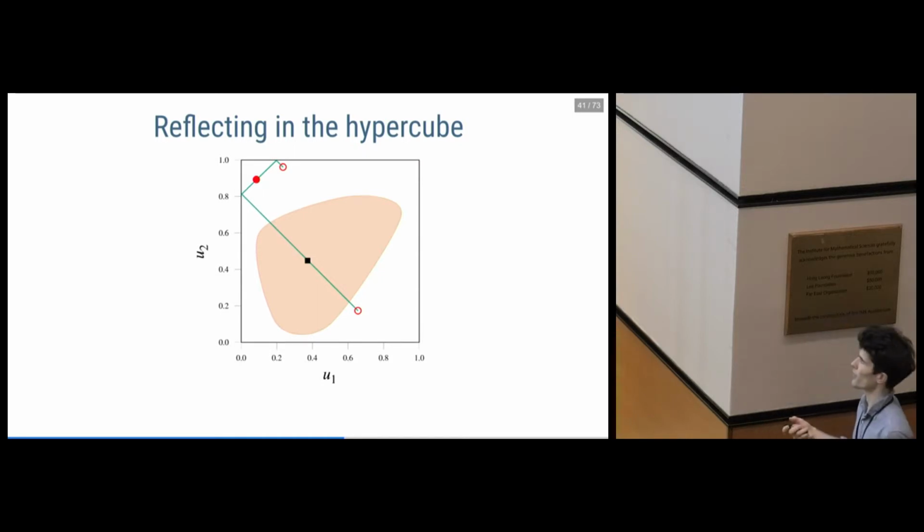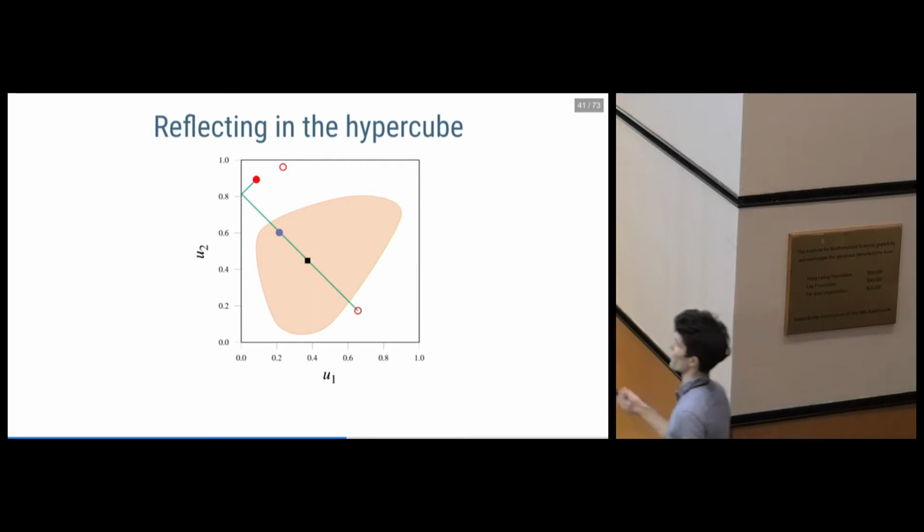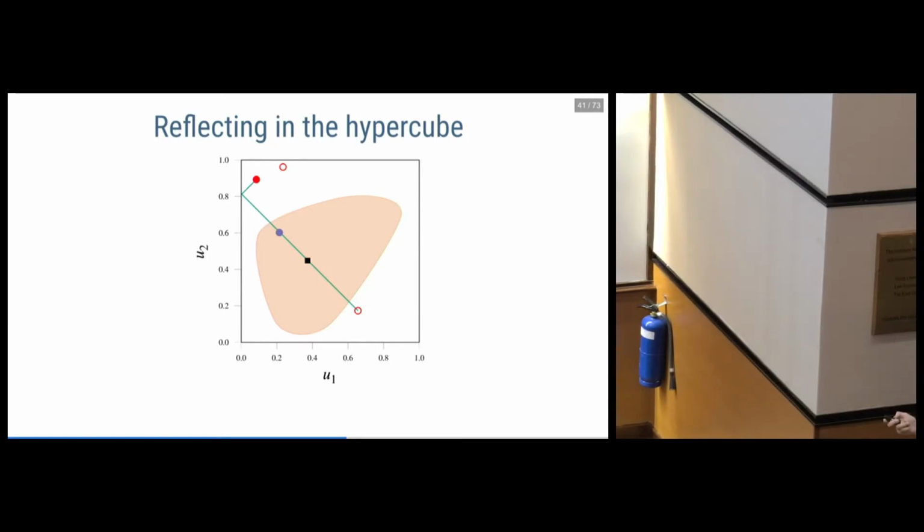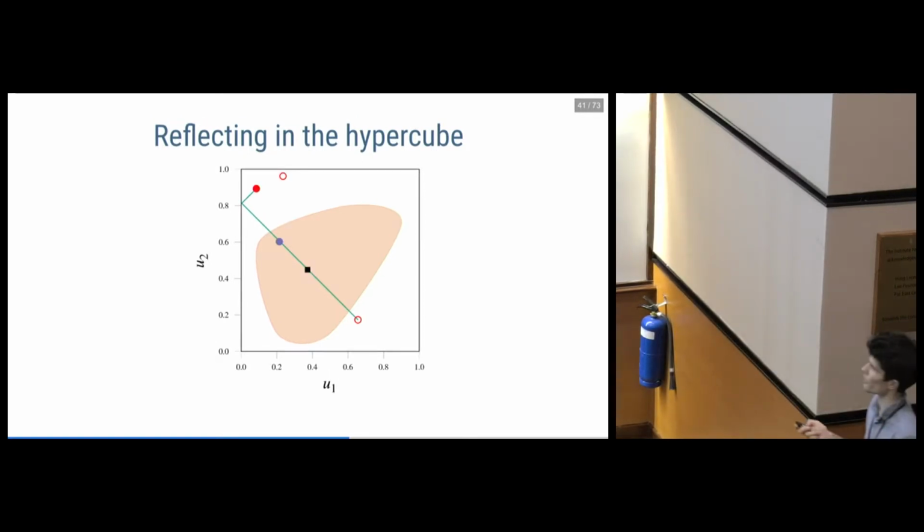And then we just run a standard slice sampling algorithm as we had before. So if we imagine we've already expanded out this bracket to have these two endpoints outside of the slice, we then propose a point on it, and then repeat and recurse again until we accept a point within the slice. So this reflective slice sampling variant we'll use in some of the experiments that I'll go on to discuss in a bit.